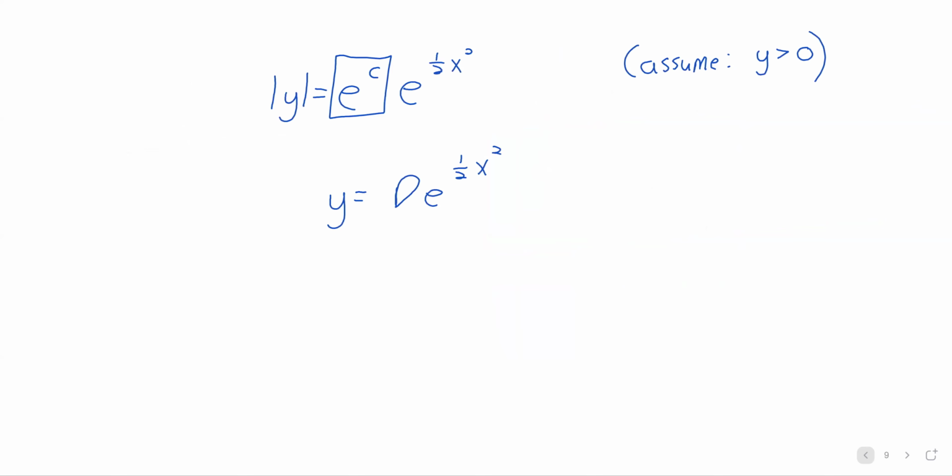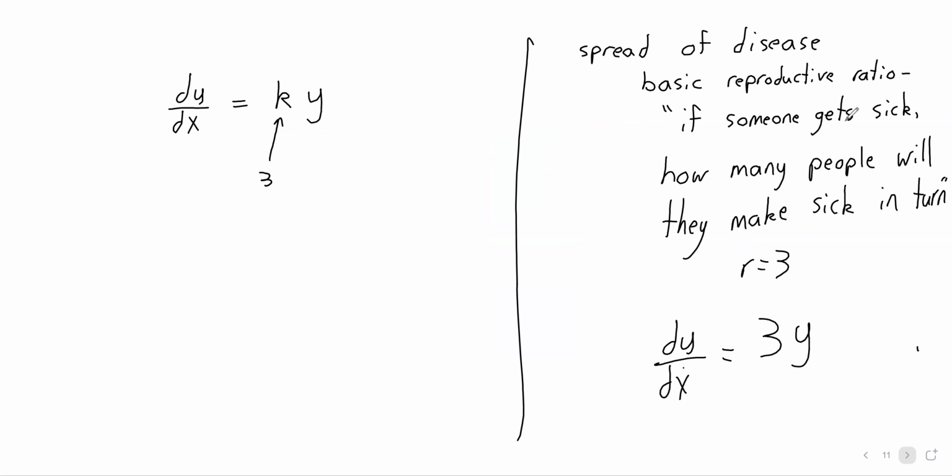And here, it might have just looked like, well, Dr. Moses doesn't know what to do, so he's making this fake assumption. But here, if we're looking at the spread of a disease, y does have to be positive. If we're looking at the spread of an animal population, the number of animals does have to be positive. If we're looking at the spread of a rumor, the number of people who have heard the rumor does have to be positive.